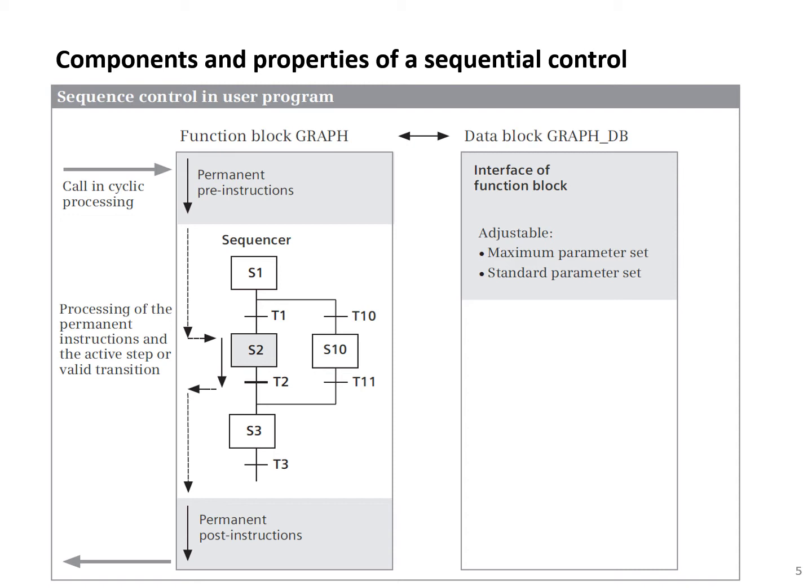In most cases during our lecture, these two gray areas, which are pre-instructions and post-instructions, are empty. We don't put any programming here. So here is the main part of the graph programming or the sequencer, and you could see here that we have steps and transitions.